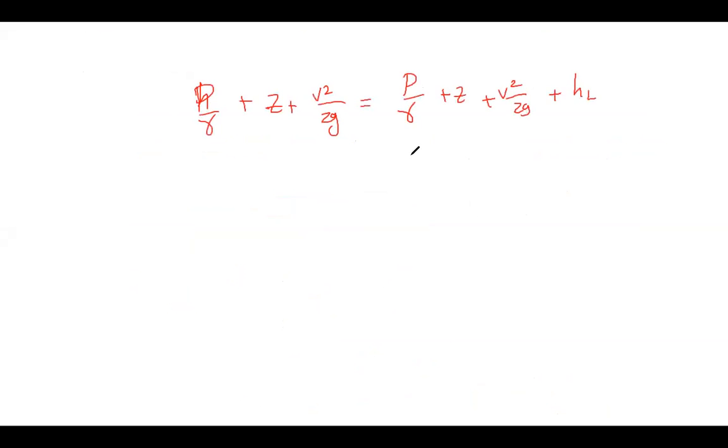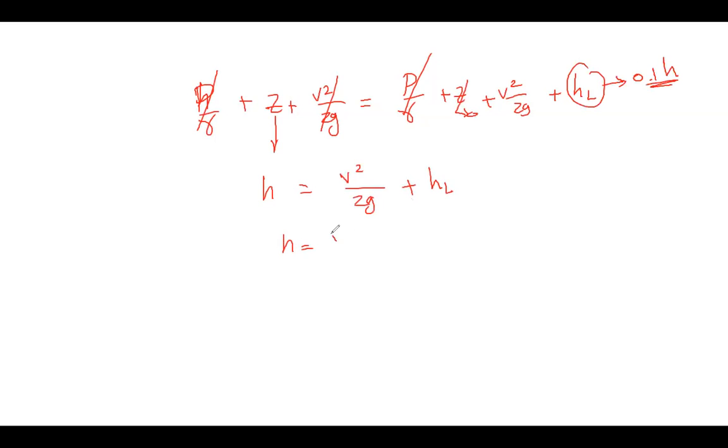Correct? Atmospheric pressure we canceled before, this Z is H, this is 0 because of a large reservoir, Z here is 0, V square over 2G plus H losses. He mentioned the H losses in the question as 0.1 H. So H equals V square over 2G plus 0.1 H, correct?